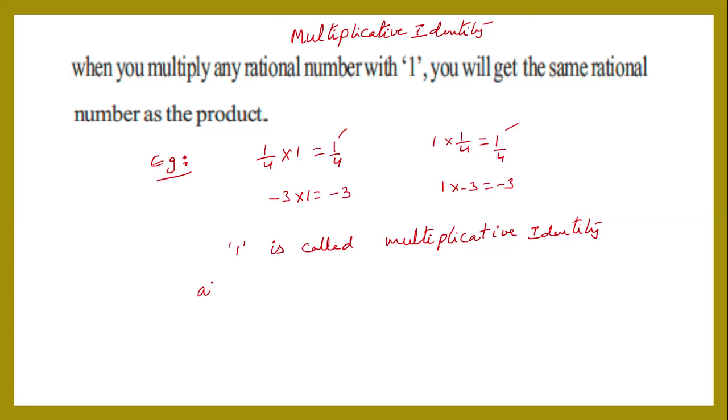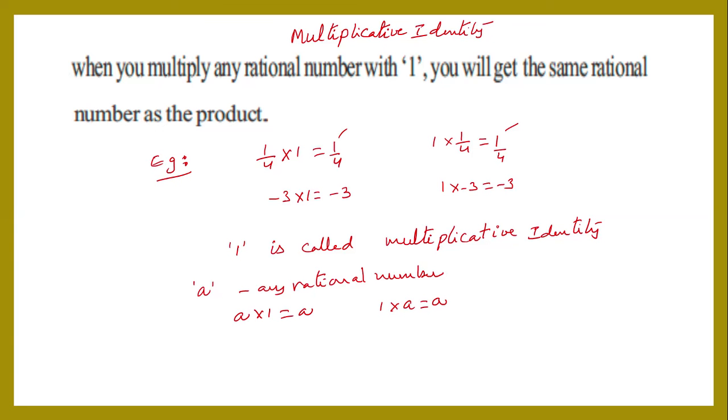If a is any rational number, we conclude that a into 1 is equal to a, otherwise 1 into a is also equal to a. That means you multiply any rational number by 1, we get the same number. Hence, this property is called multiplicative identity.